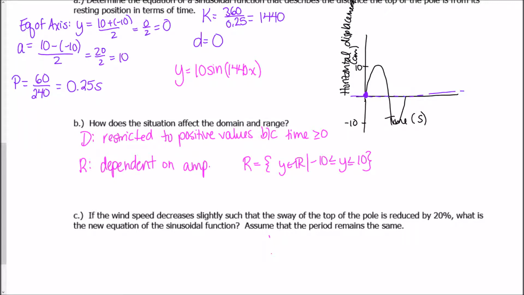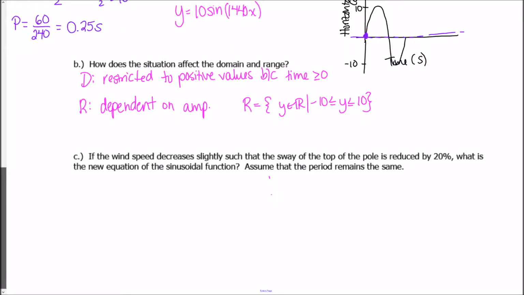All right, lastly, if the wind speed decreases slightly such that the sway of the top of the pole is reduced by 20%, what is the new equation of the sinusoidal function? Assume that the period stays the same. So right here, instead of going left and right by 10 centimeters, it's going to decrease by 0.2, or 2 centimeters.